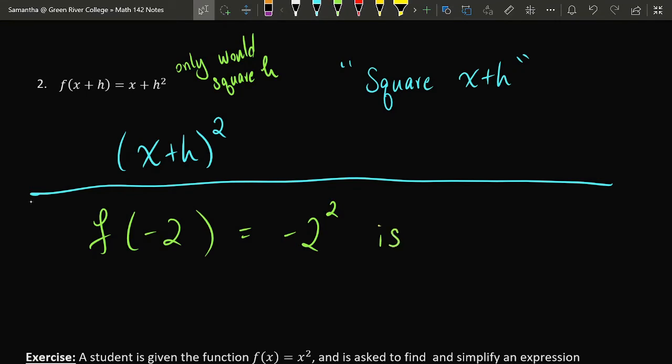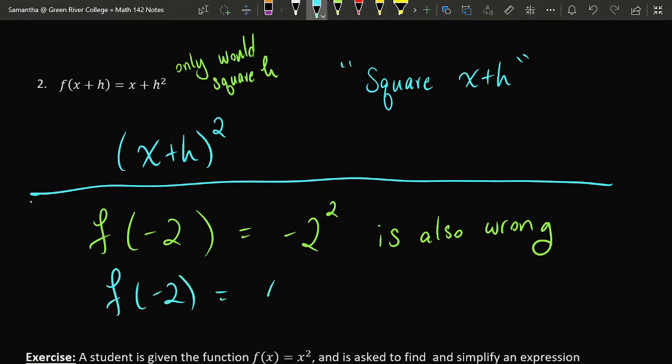But this is also wrong, because unless you group the 2 and the minus together, any calculator is going to see this and think that you're only squaring the 2 and you're not squaring the minus as well. So if you wanted to square negative 2, you would have to group the 2 and the minus together before you squared it, applying the square to that entire group.